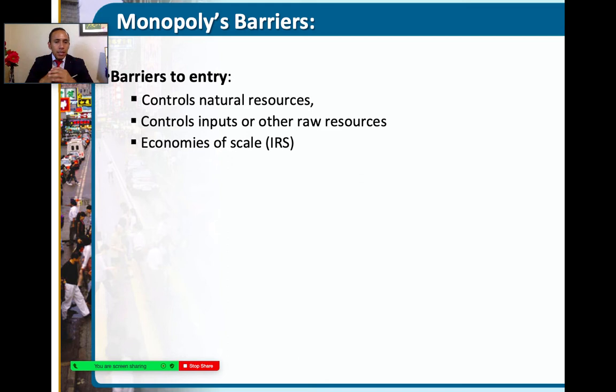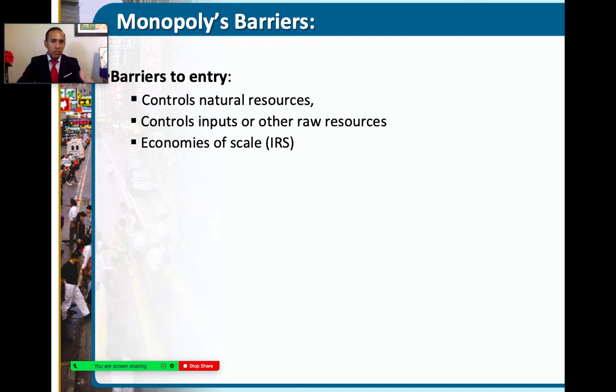And in some cases, a company can experience what are called economies of scale. Economies of scale is a situation in which a firm, as it produces more output, has a cost advantage. Cost decreases as production increases, and the cost declines, giving the company a significant cost advantage to produce goods and services.